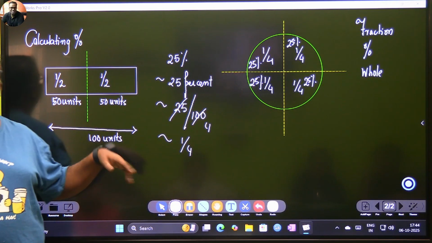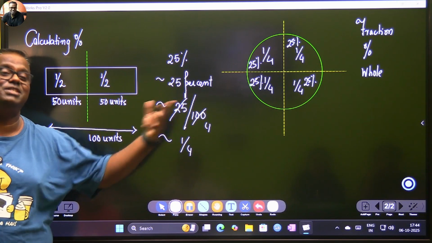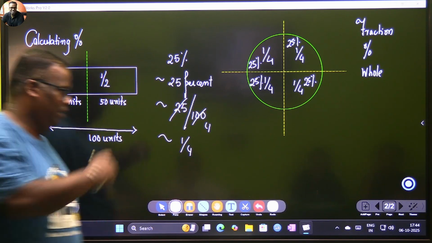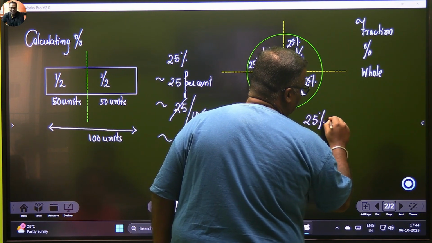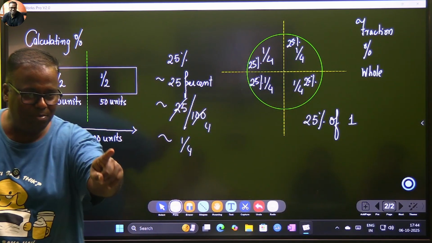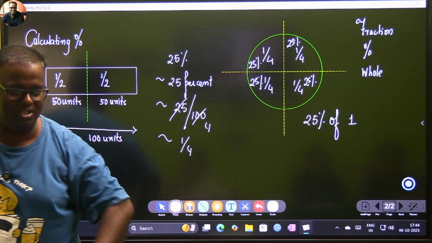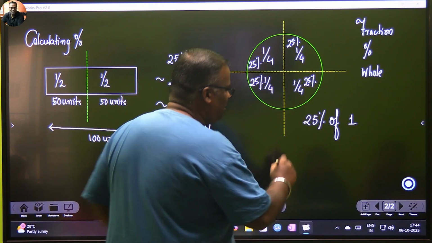Understood? Why is 25% 1/4? How did we write it? We said 25% of 1 pizza. See, use your common sense. Now, is this all about language? 25%.